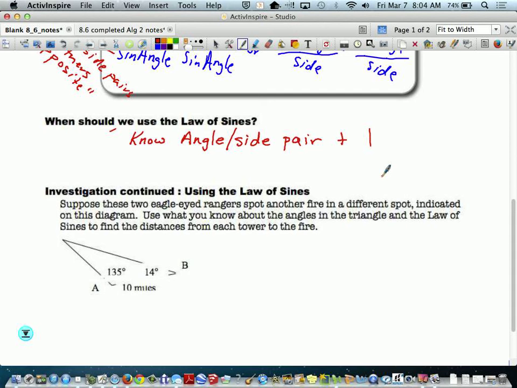So in other words, you have to know one angle and side that are across or opposite each other, and one more angle or one more side. Then you can use law of sines. Period. We're not going to get into the weird things once in a while with ambiguous cases. We would not try to trick you with it, but that's when you should use it.